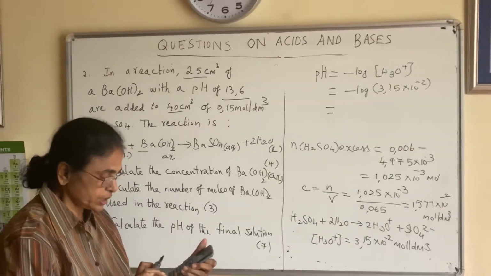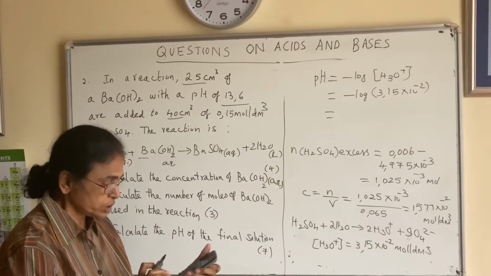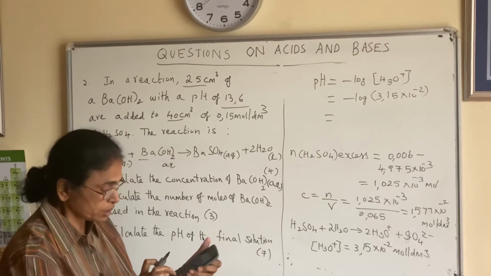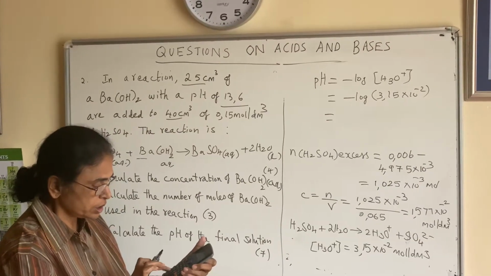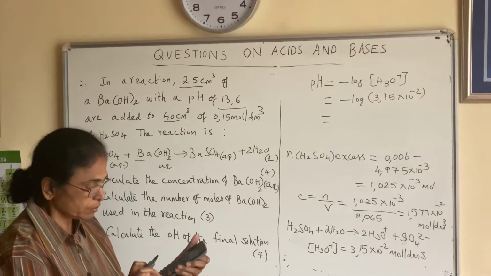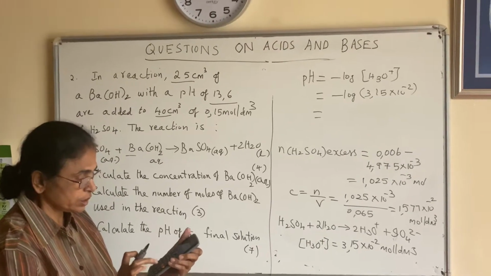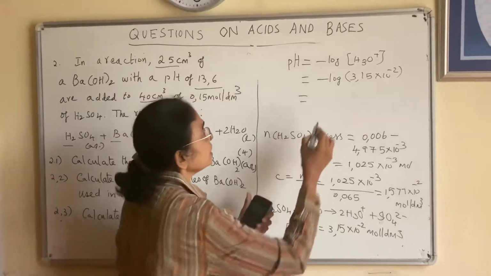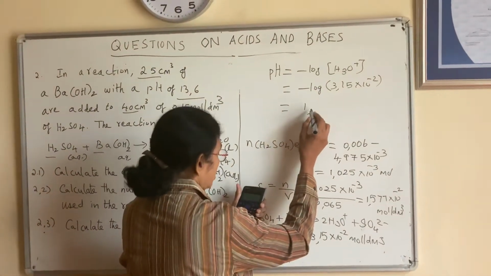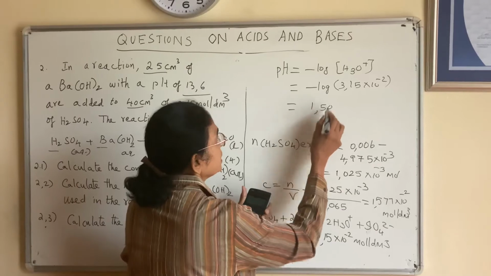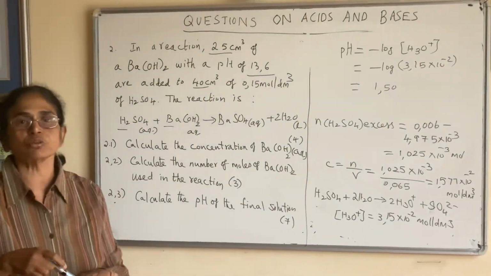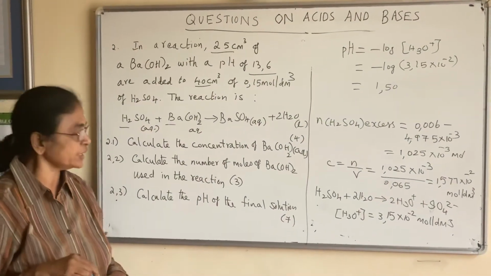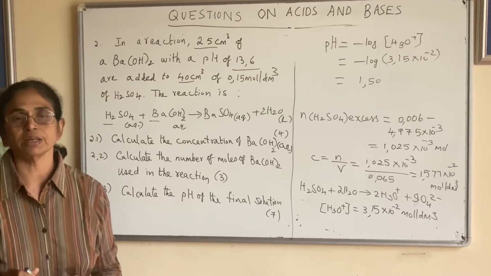Negative log of, start the bracket, 3.15 exponential -2. Let's see what is the answer here. It is 1.50. So we can find the pH of the final solution, which is 1.50. Thank you.